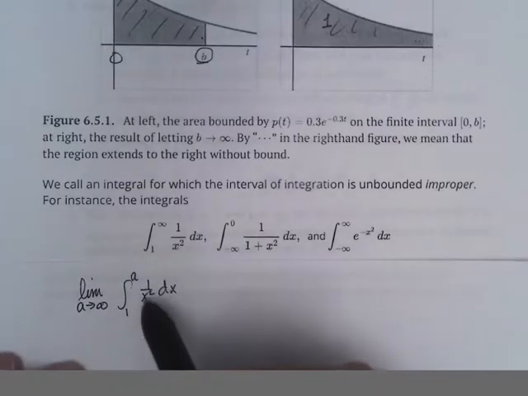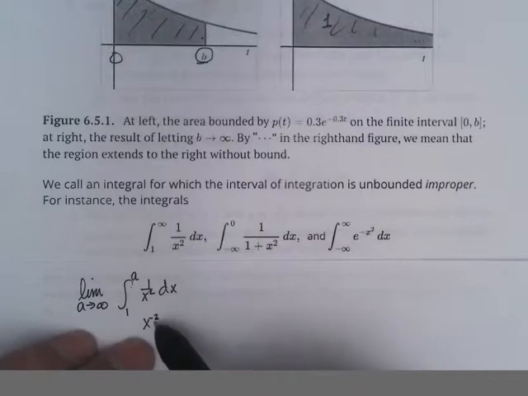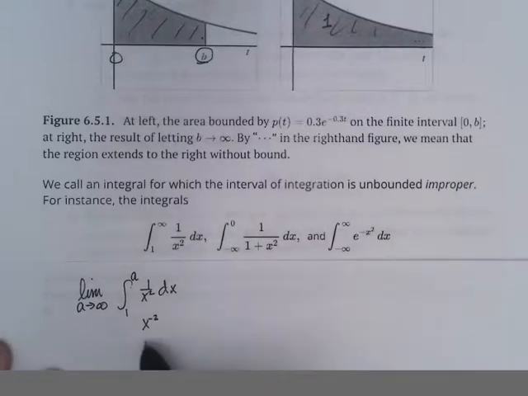And to integrate this, it's x to the negative 2. The antiderivative of that is add 1, so it's x to the minus 1 divided by minus 1, which is just negative 1 over x.